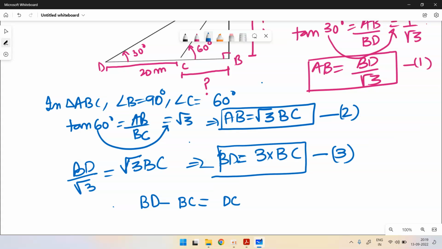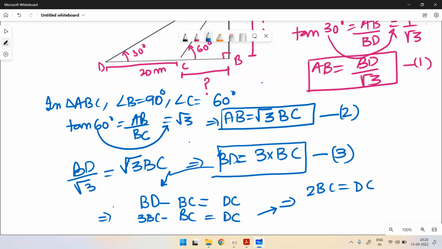Substituting the value of BD here, 3 BC minus BC equals DC. This implies 2 BC equals DC, so BC equals DC by 2, which is 20 by 2, nothing but 10 meters.